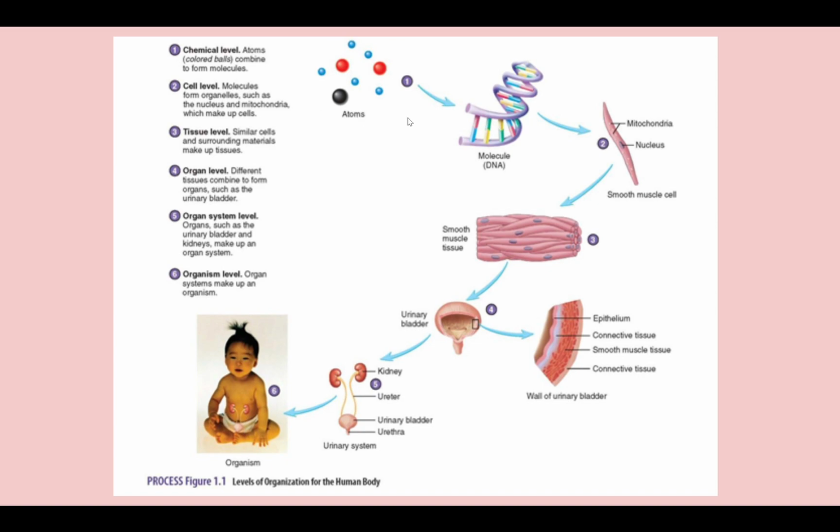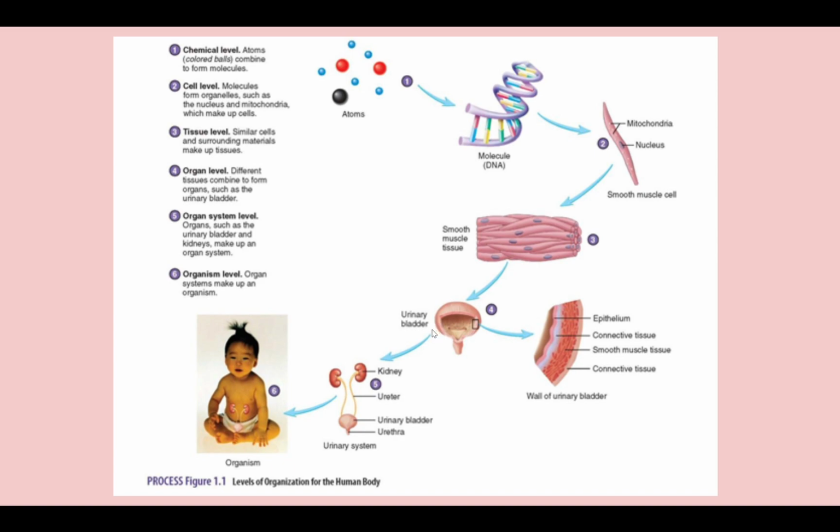So we start with the atoms. Here's the chemical level. It gets more complicated at the cellular level. It's a molecule first, and then we get to the cell. So this is one muscle cell with different chemicals. Several of these cells together form a tissue. Then you can have the muscle tissue, plus, this is looking at the bladder, epithelial tissue, connective tissue, smooth muscle, which is this, and more connective tissue, all working together to make this organ work properly, the bladder.